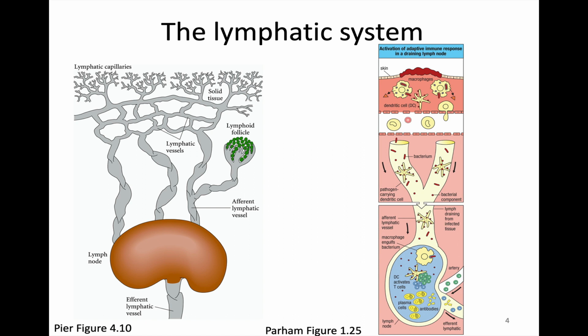And so basically we're just collecting up any liquid that happens to be outside of cells in these little capillaries that are everywhere. As a bonus, it turns out that we can also pick up things like bacteria, viruses, or other things that happen to be in the body through these open vessels.